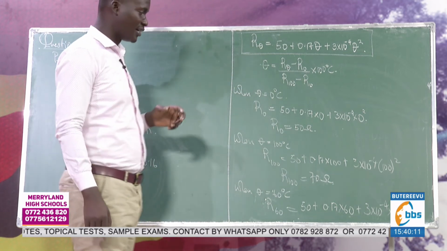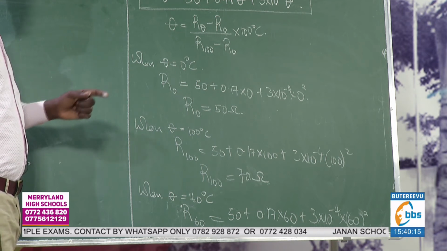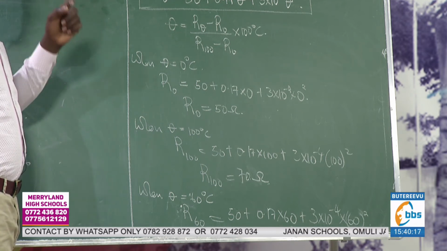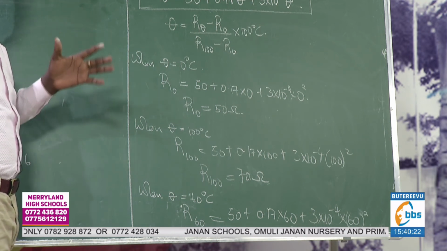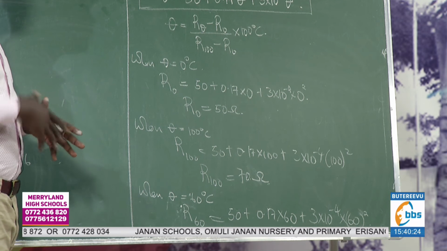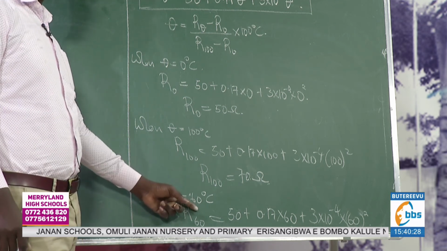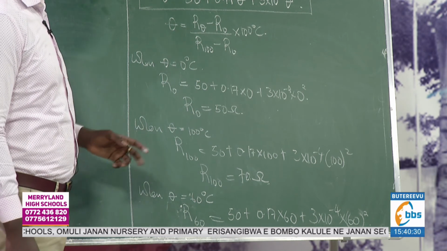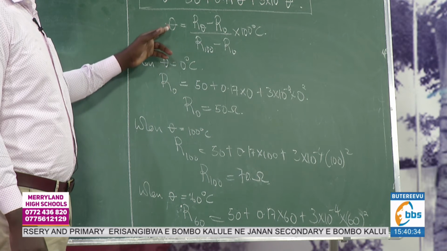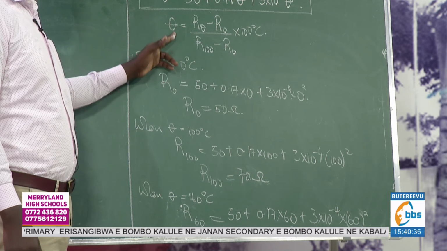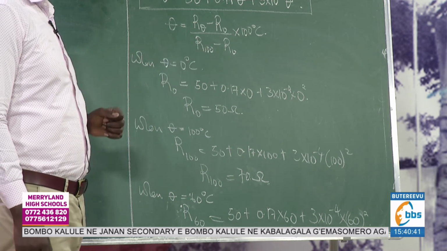And as we've seen in our question, they're asking us what will be the value of the unknown temperature of a certain liquid or substance for which the constant volume gas thermometer has read a temperature of 60 degrees C. And I said that in order to do that, we must first of all remember that the unknown temperature on the Celsius scale of a resistance thermometer is defined like this.